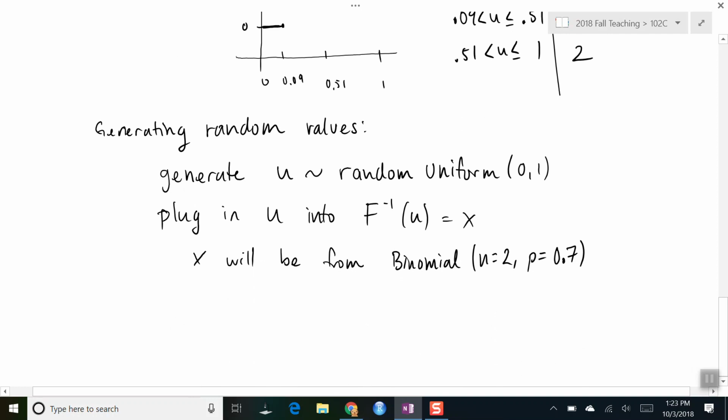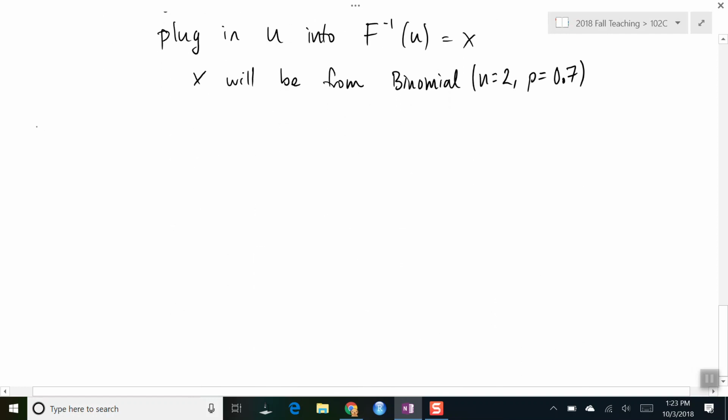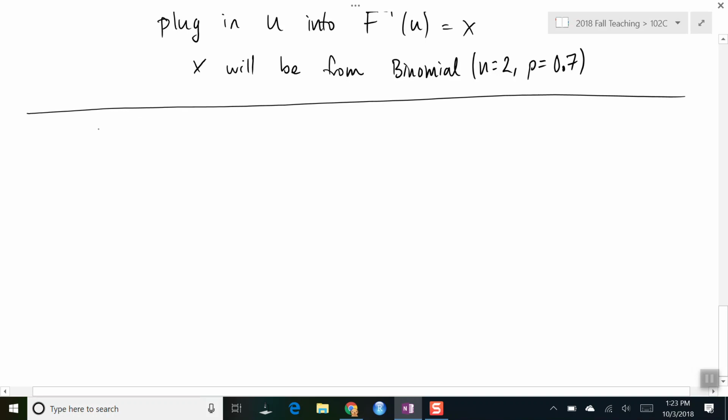Is that okay? Have you guys taken a look at the homework yet? Started that? Great. And so in the homework, I have a few tests to check if the values you produce are from the desired distribution.